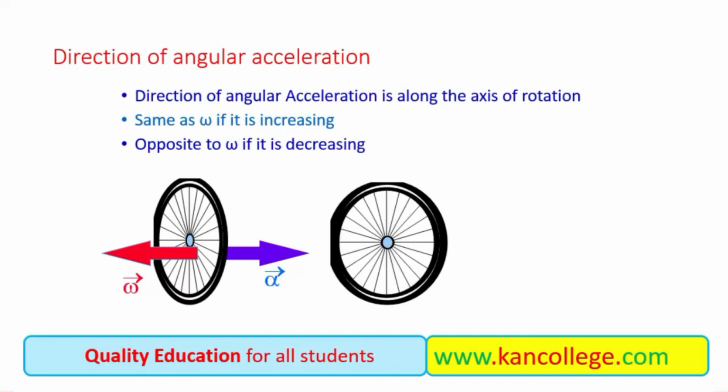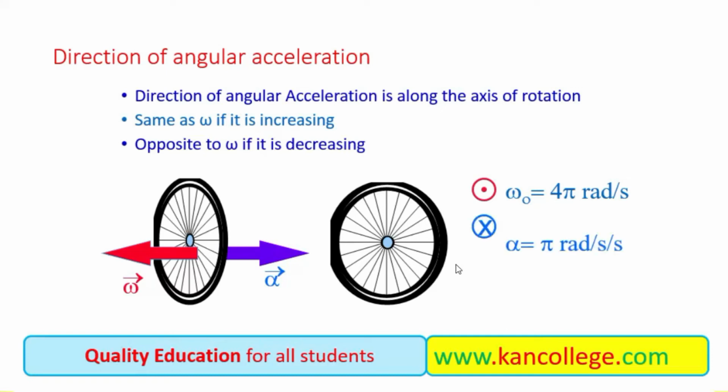For example, if this wheel is moving with an angular speed of 4 radians per second in the anticlockwise direction, then according to the right hand rule, the direction of angular velocity is in the left direction.